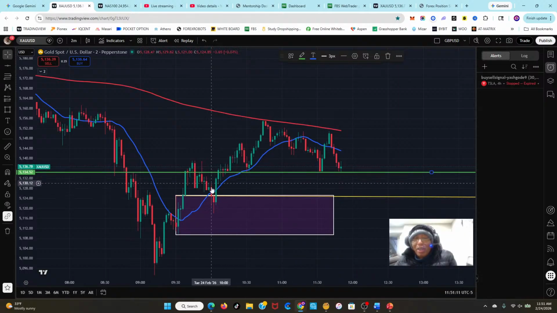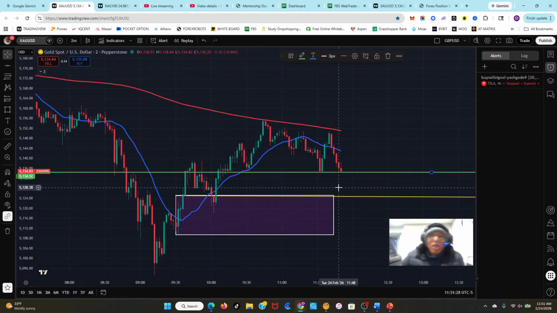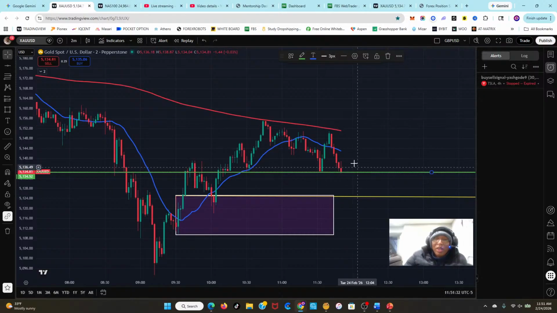These institutions that came in here, they are probably not out of the market yet. This big bar here, they haven't probably taken their profits, so it's not gonna allow it to go further down.